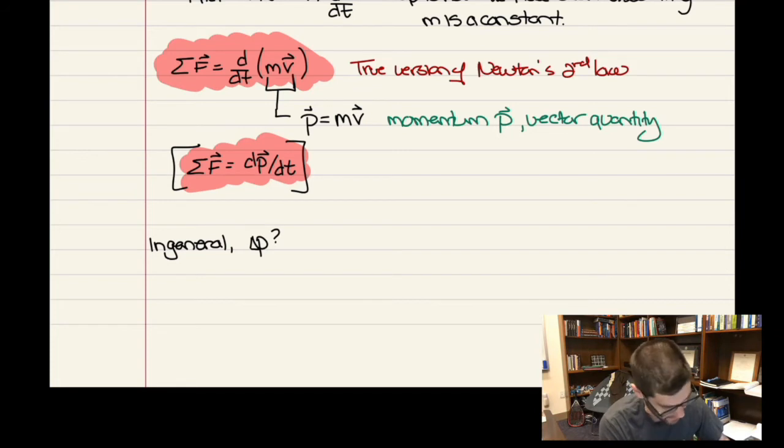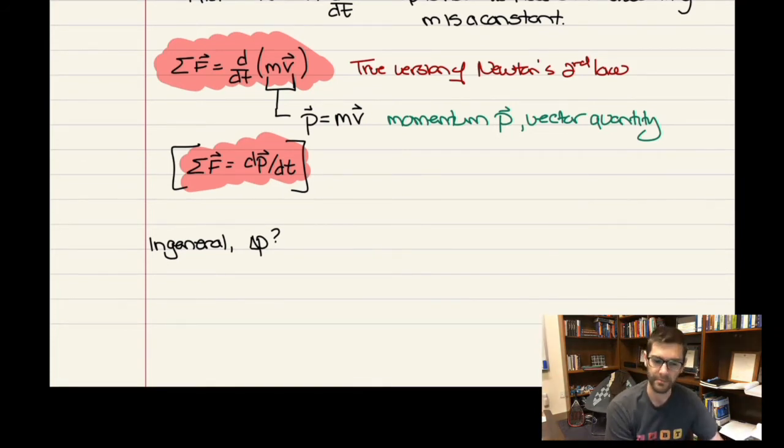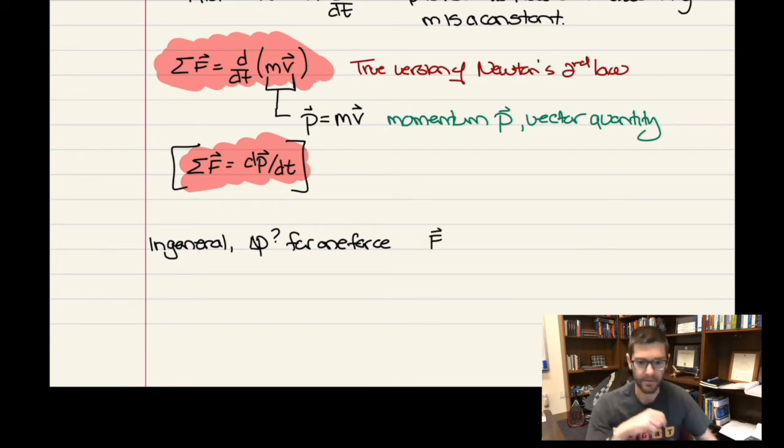So here we can just rearrange and do a little math with Newton's law. Let me take the case of one force. A force F is applied to an object. That makes the object's momentum change.